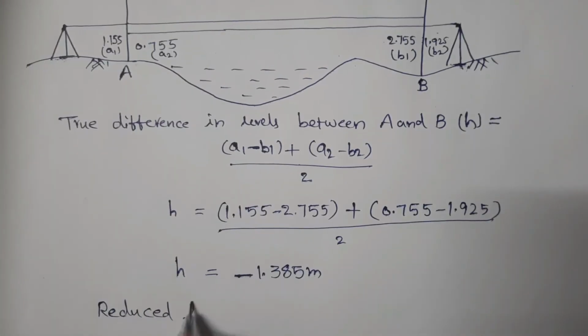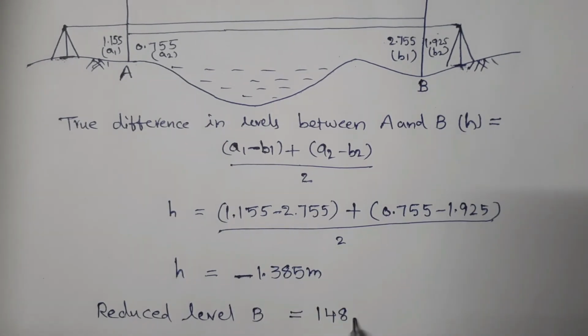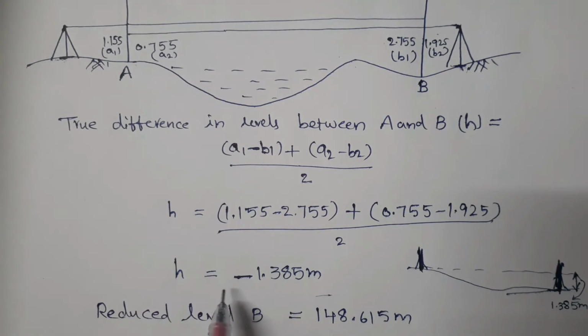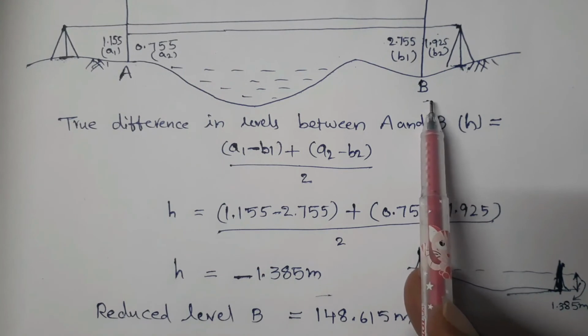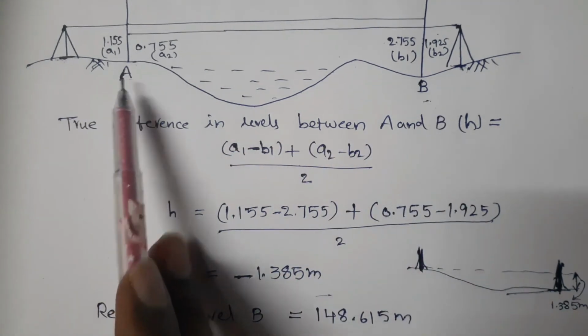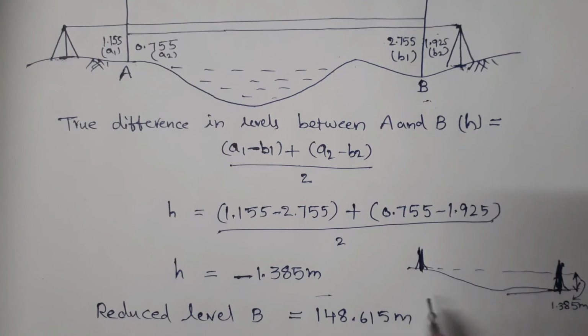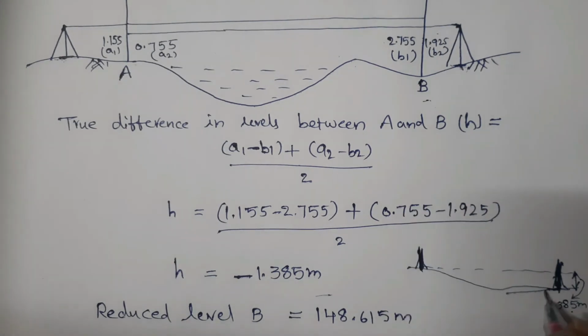The reduced level of B is given. Value is 148.615 meters. This minus value represents that B is lower than A. So the difference between the two points is 1.385 meters. We take the reduced level of B, which is 148.615.